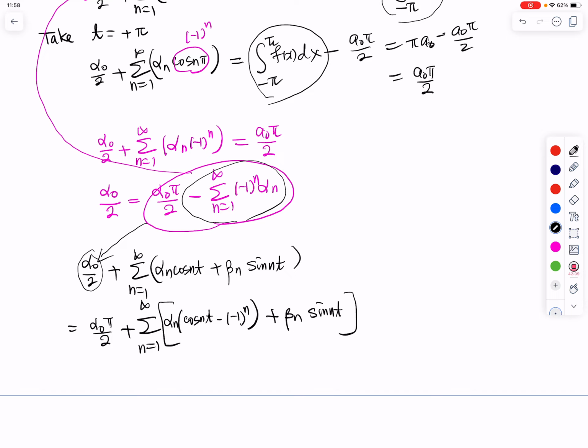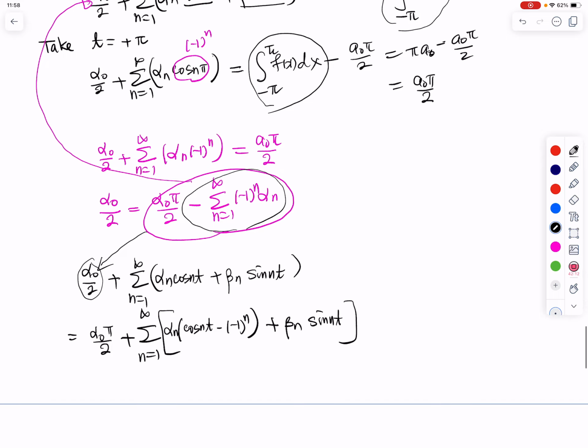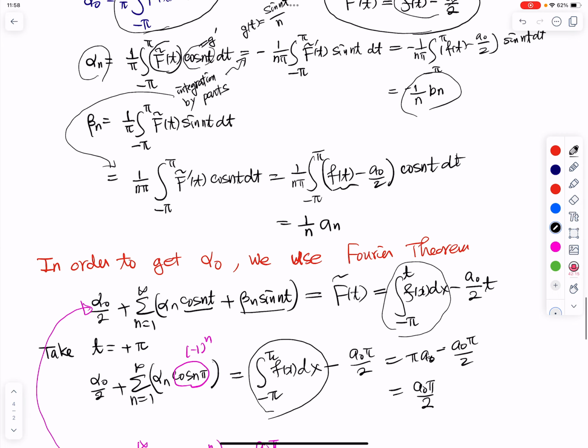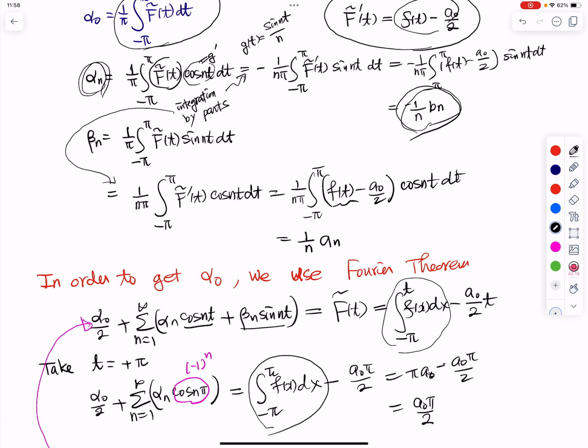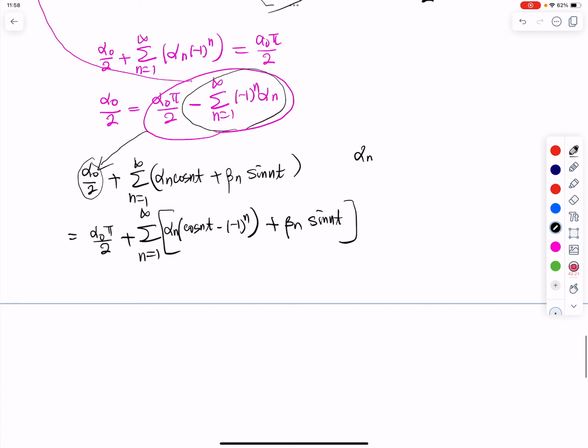And also we know alpha n. What was alpha n? You replace alpha n by minus 1 over n times b n, and beta n equals 1 over n times a n. So you just replace by that. We get a0 pi over 2 plus the summation from n equals 1 to infinity of minus 1 over n b n times cosine nt minus minus 1 to the n, and then 1 over n a n sine nt.